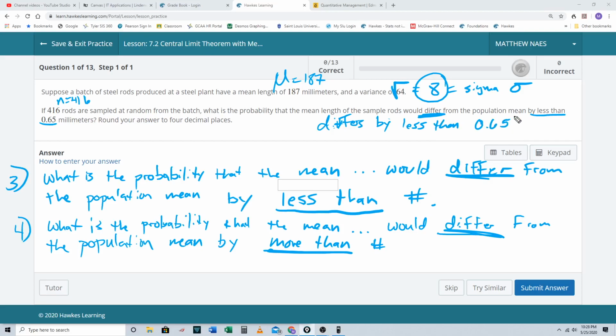Now here's the nice thing about both 3 and 4: you're going to put them in the calculator the same way, but number 4 has one more step after we get our answer. So let's put this in the calculator and show you how.